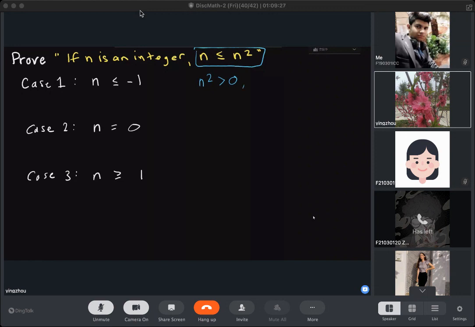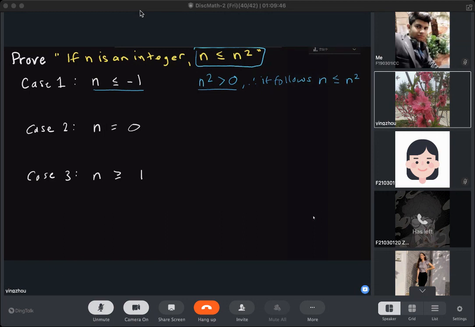So therefore, it follows that n is less than or equal to n squared, because n squared is positive and n is clearly negative.